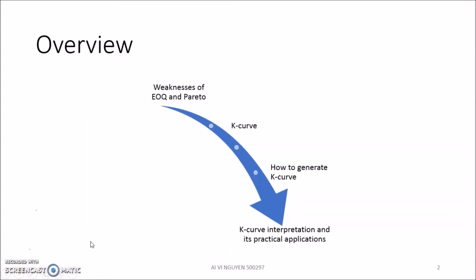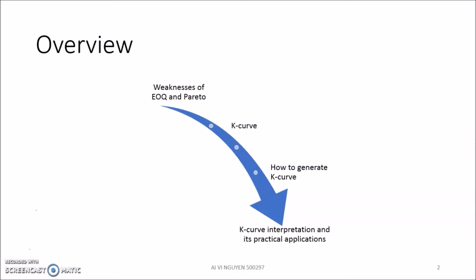So let's get started. These are a few points that I will cover in today's tutorial. First, I want to point out some weaknesses of EOQ and Pareto. These are two traditional methods or principles that are used by inventory managers in deciding inventory frequency order or quantity order and safety stock.